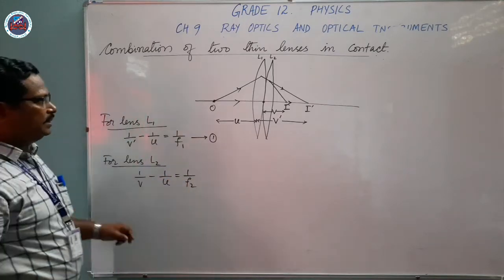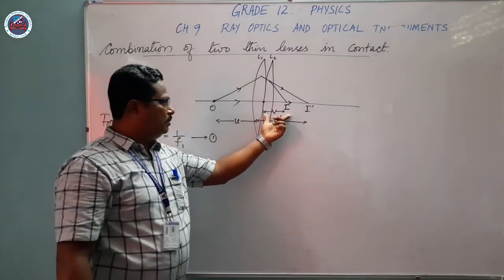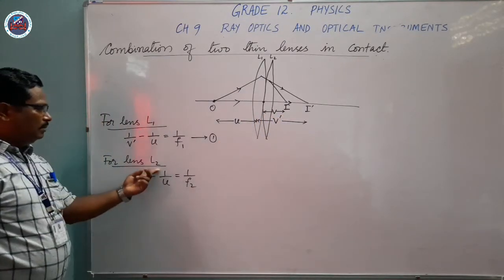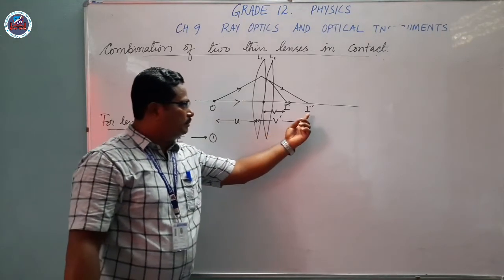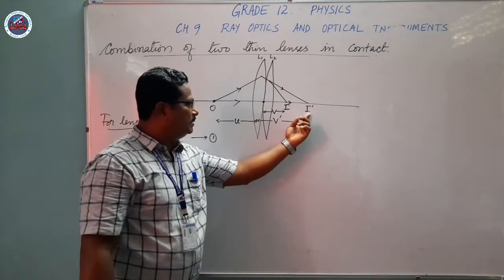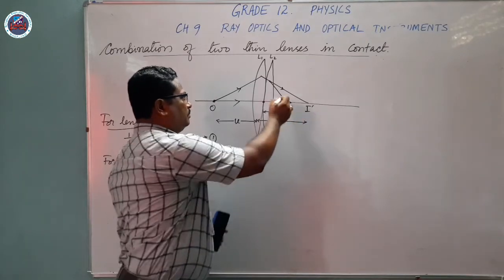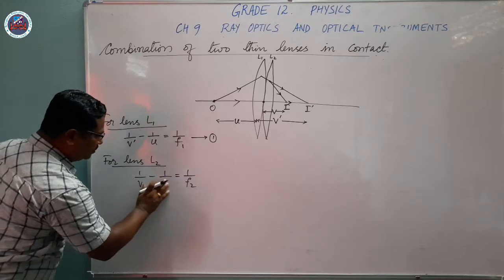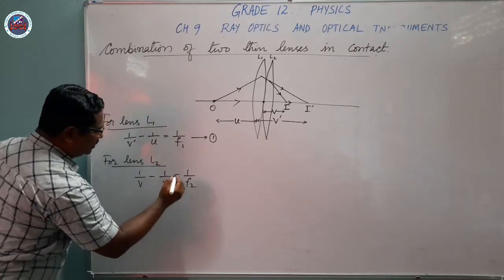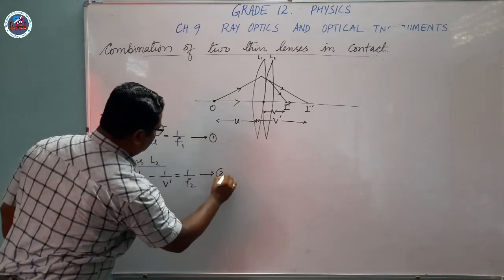But in this case the image is V, so 1 by V minus 1 by U. U will be replaced with, this is the virtual object I dash that you can see here. So this U will be replaced with V dash. This will mark this equation number 2.